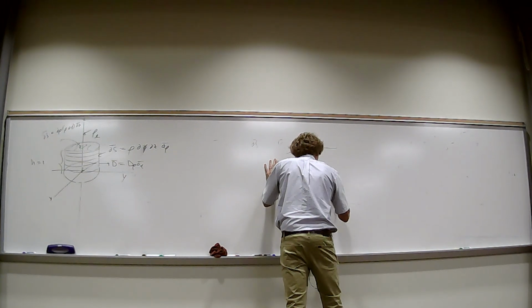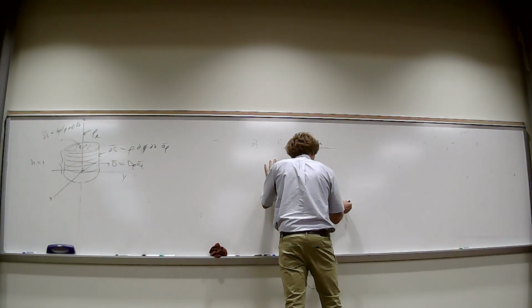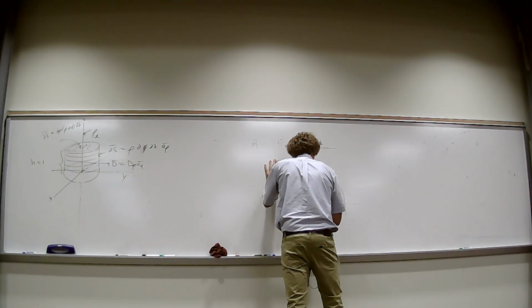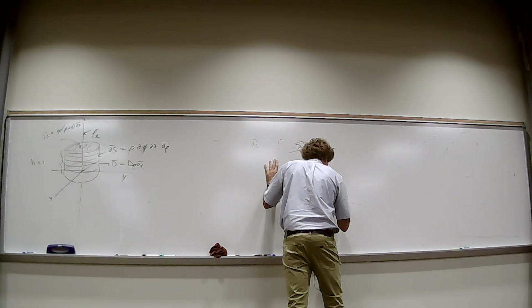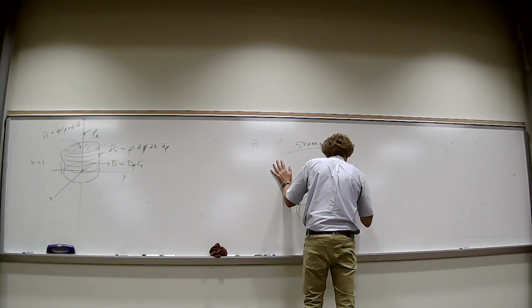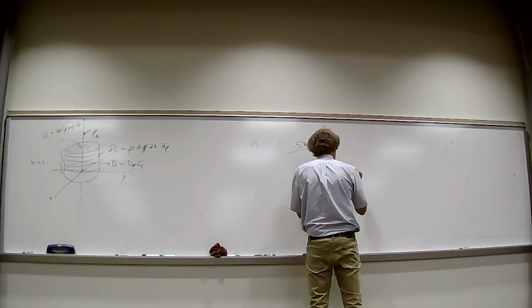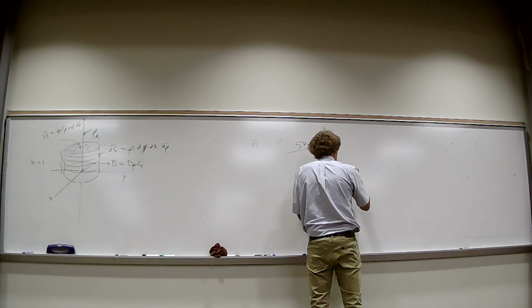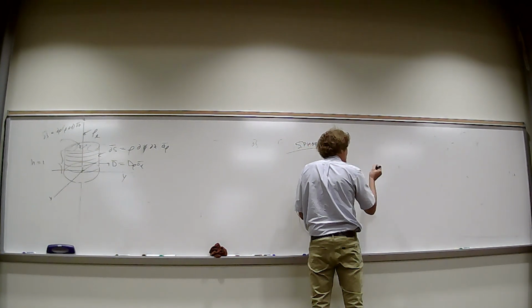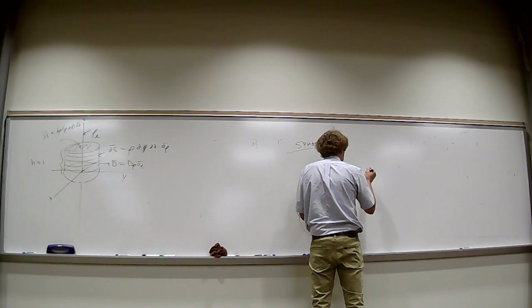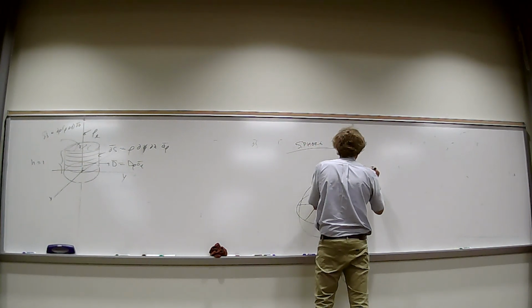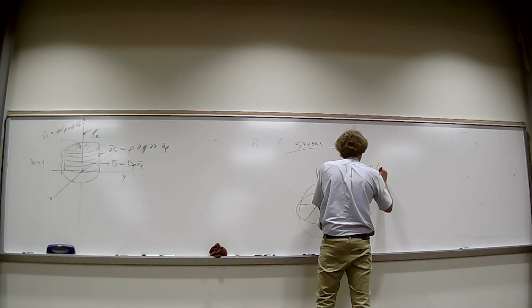And let's see. I'm just going to say the sphere has got a radius of A. And inside here, the sphere has a volume charge density of, let's make it something that has to be spherically symmetric, so I'm going to make it simply R, and that would be coulombs per meter cubed.